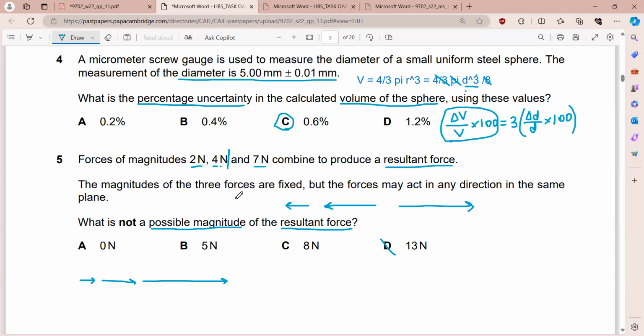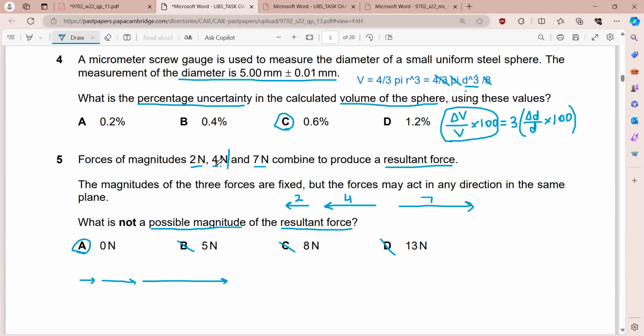But basically, if you try different combinations, you're going to end up with the minimum resultant force being in this scenario. So this is 2, this is 4, this is 7. So it'll be 7 minus 2 plus 4. 2 plus 4 is 6. 7 minus 6 is 1. So 0 is definitely not a possibility, since the minimum is 1. That's how you end up with this conclusion.